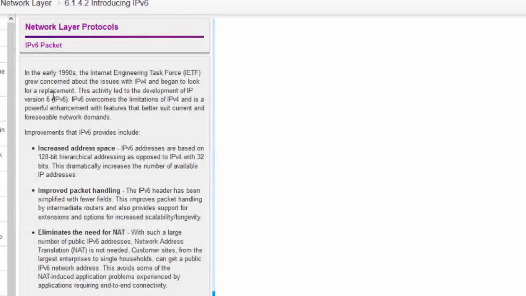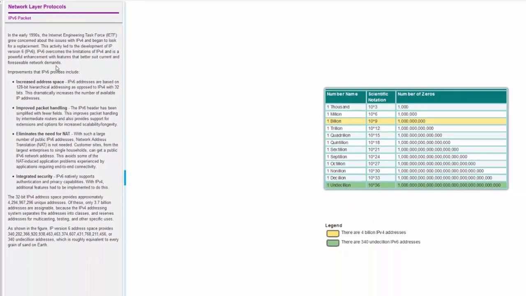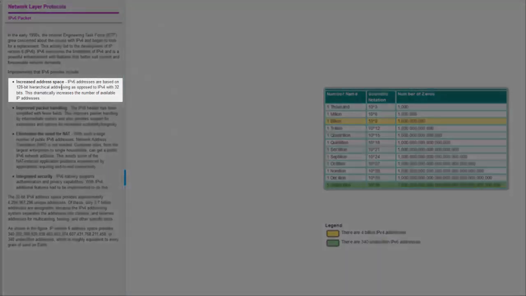So instead, IP version 6 tried to resolve this issue by first increasing the address space. The IP address in version 6 has increased from 32 bits all the way to 128 bits.